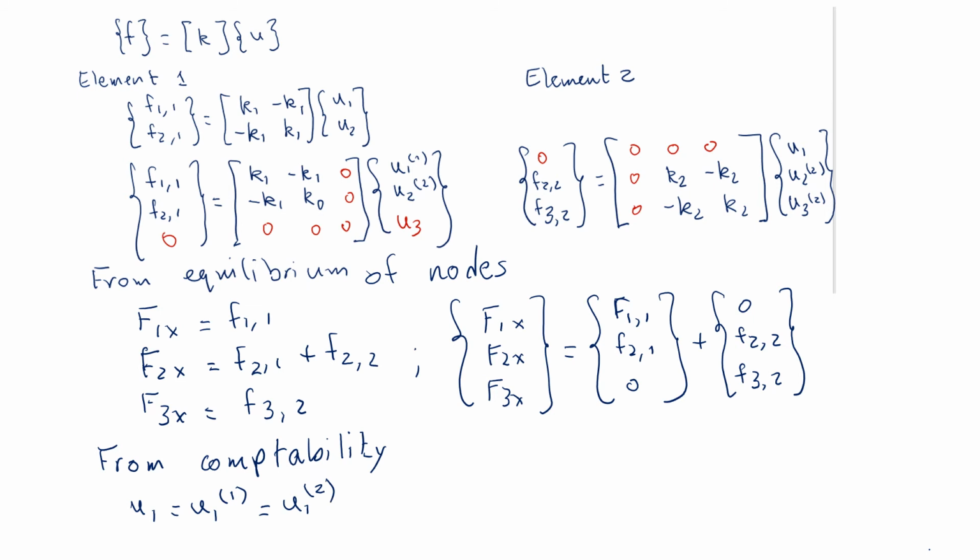So even if I put here a 2 which is non-existent, compatibility makes sure the structure remains continuous after displacements. U2, where the two elements connect, has to be the same for element 1 and also for element 2. This is also true for U3, which must be the same for element 1 and element 2, even though element 1 is not connected to node 3.